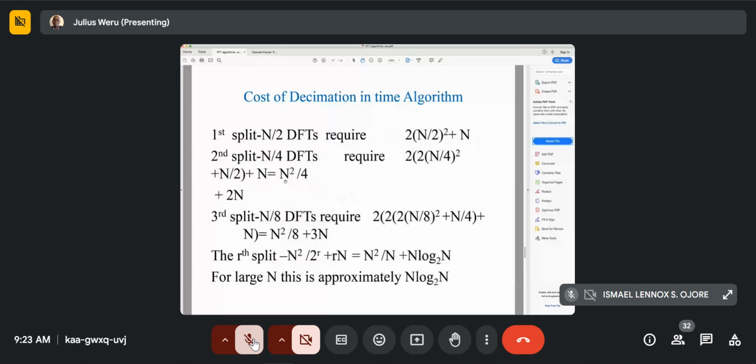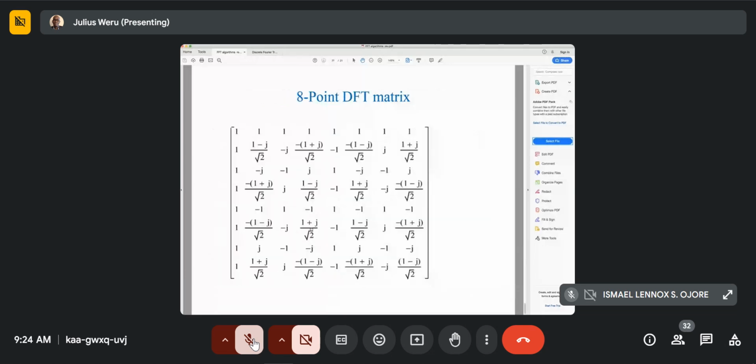You can see it has a lot of this 1 plus j divided by the square root of 2. That is the 8-point matrix. You can do it as an exercise. You can try to work this out using the 8-point DFT matrix. You see what you get.